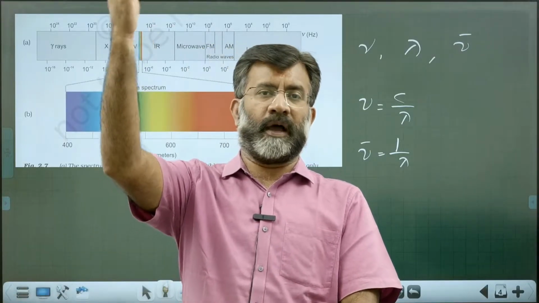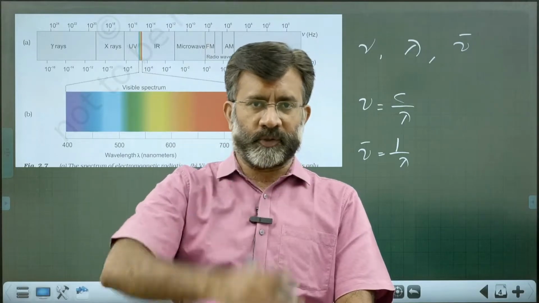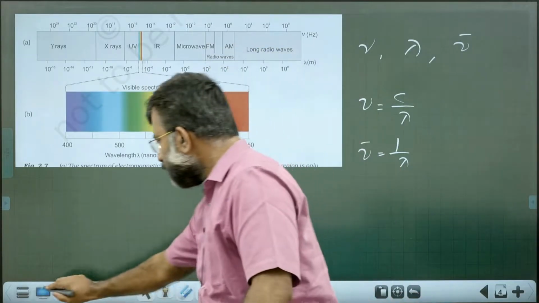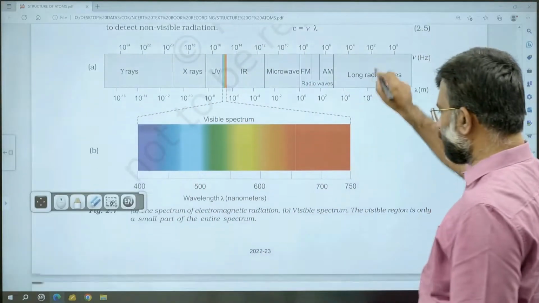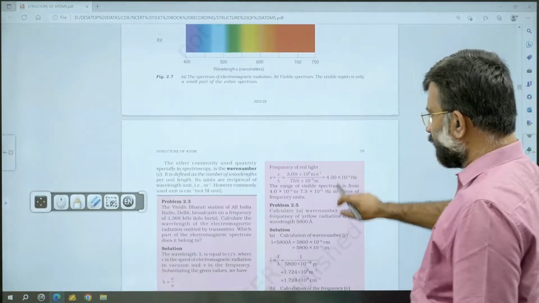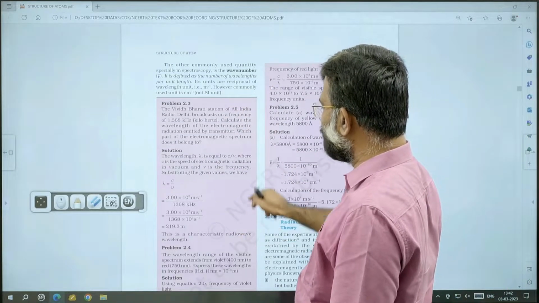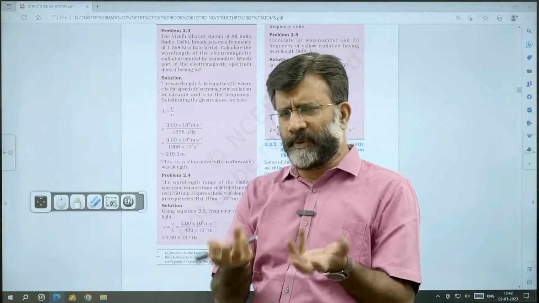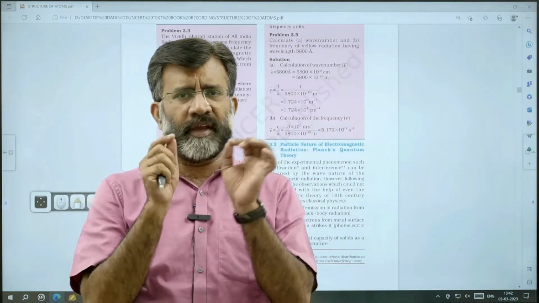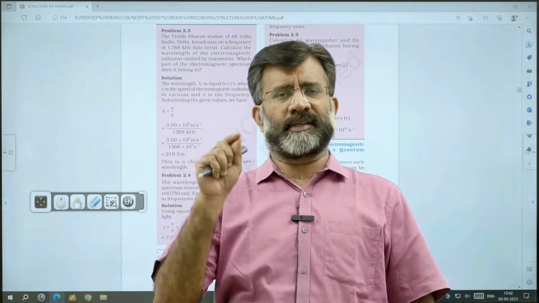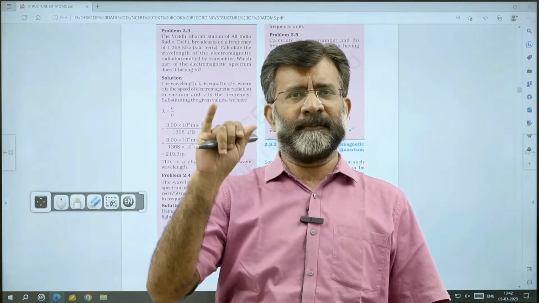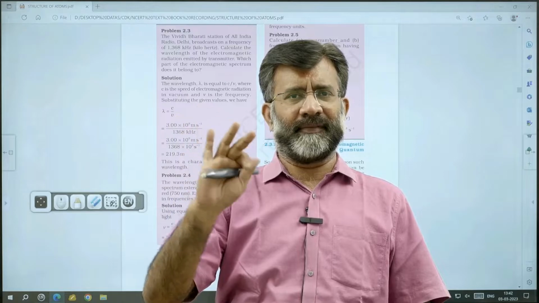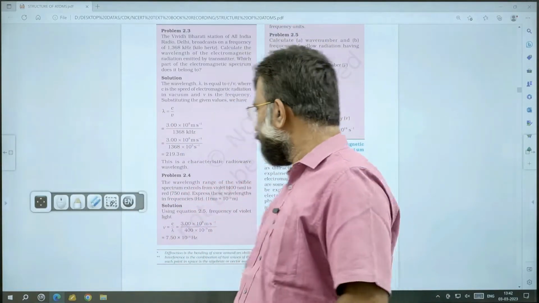Please review and go through solving all those. That's about the electromagnetic spectrum. You can find a few problems like this in the NCERT, simple problems related to wave parameters: frequency, wavelength, wave number, velocity, etc.